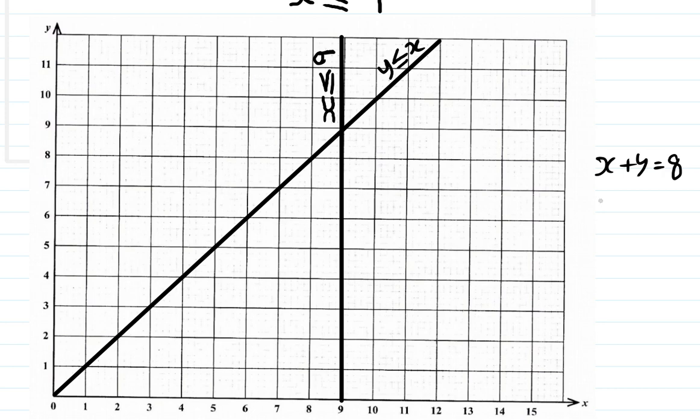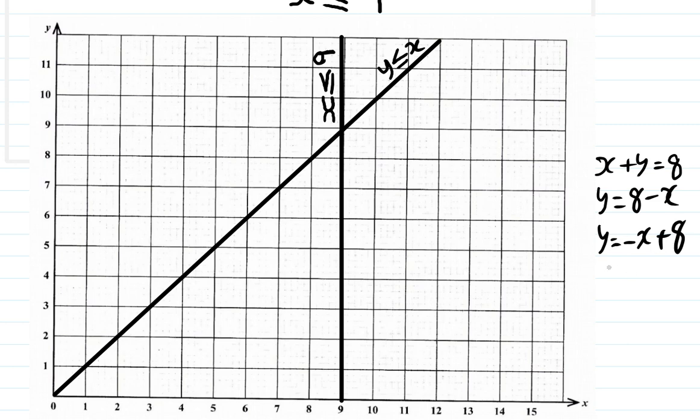If we want to write it in the form y equals mx plus c, we transpose for y, make y the subject of this equation, by subtracting x from both sides. So you have y equals 8 minus x, which is the same as y equals negative x plus 8. Alright?